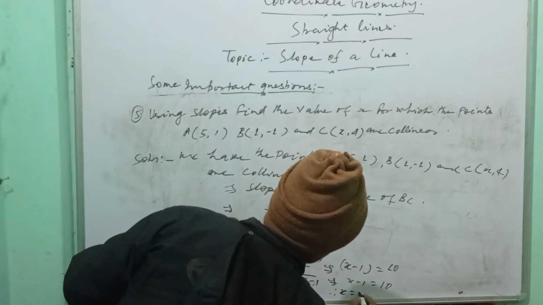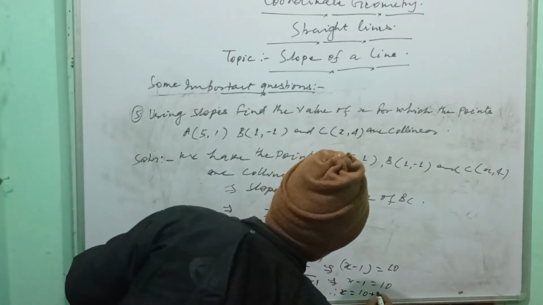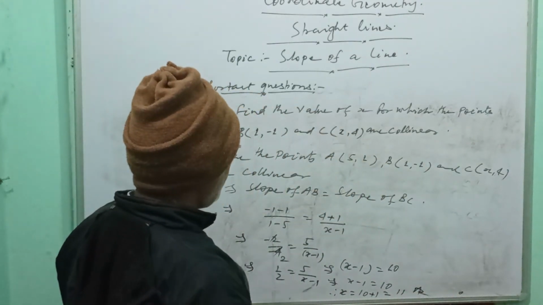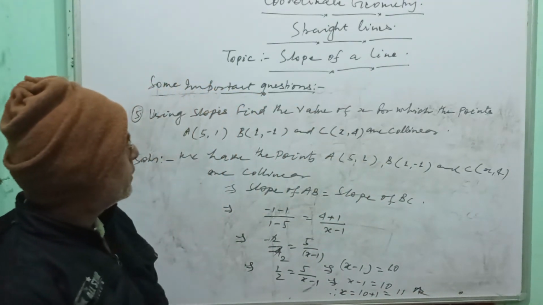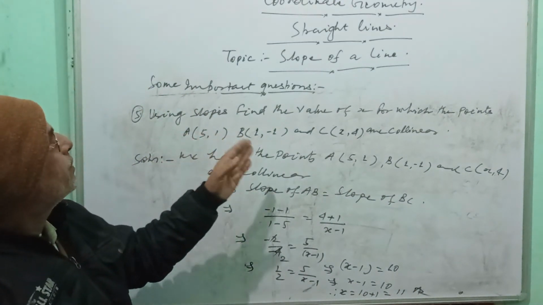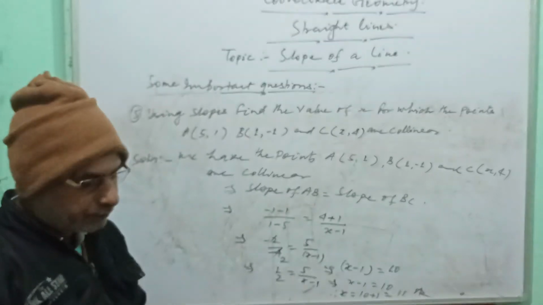Therefore, x is equal to 10 plus 1, is equal to 11. So, thus we have found out the value of x for which the three given points A, B, C are collinear.